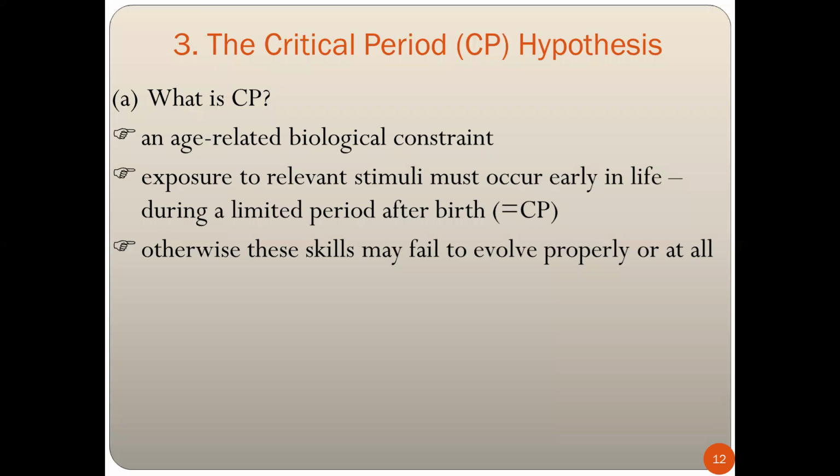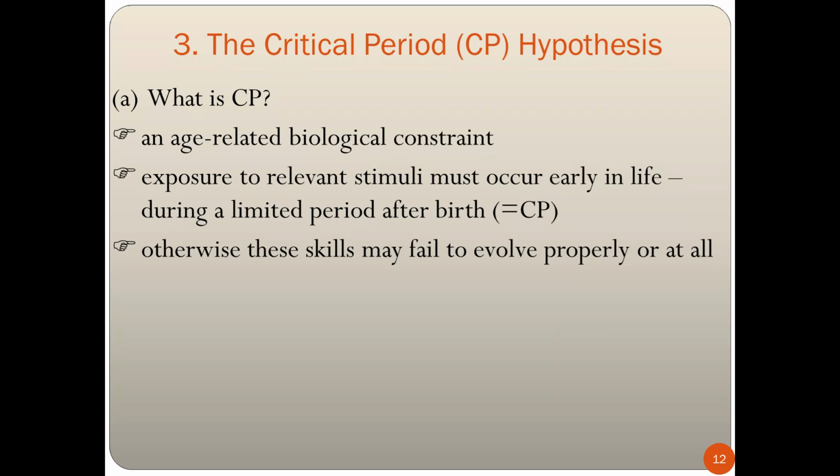It never developed the ability to see, which is explained with reference to critical period. So in order for cats to develop the ability to see, they have to receive visual stimuli immediately after birth or in the first weeks and months after birth.